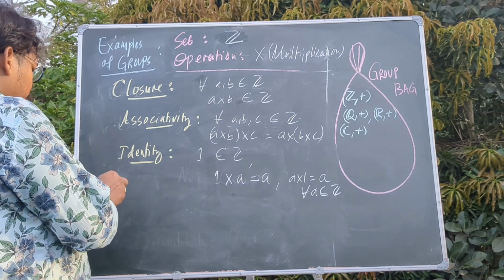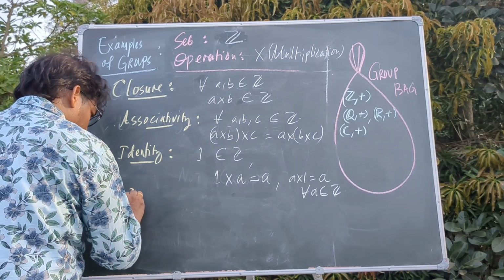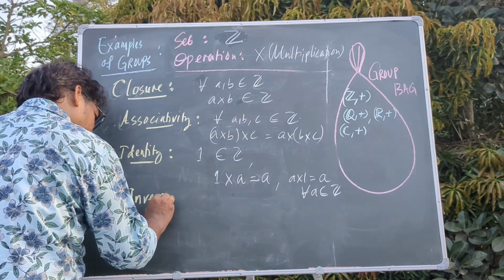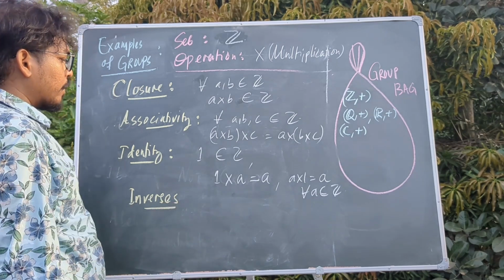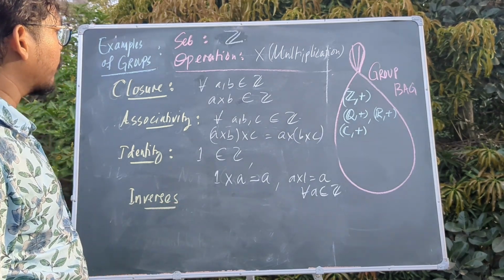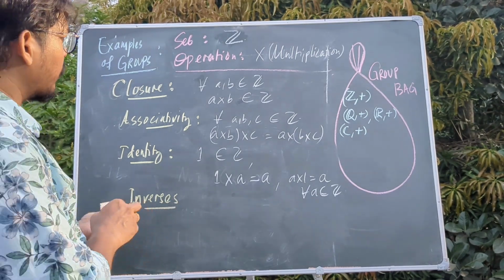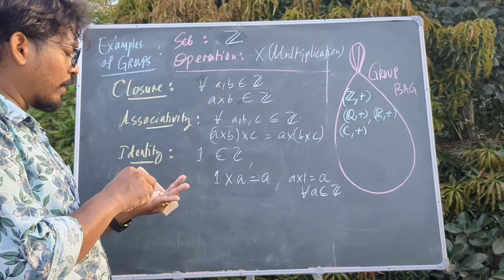What about the inverses? Does every element have an inverse in the set of integers under multiplication?